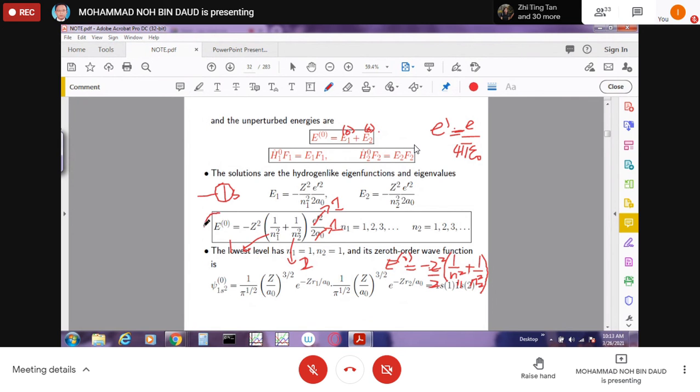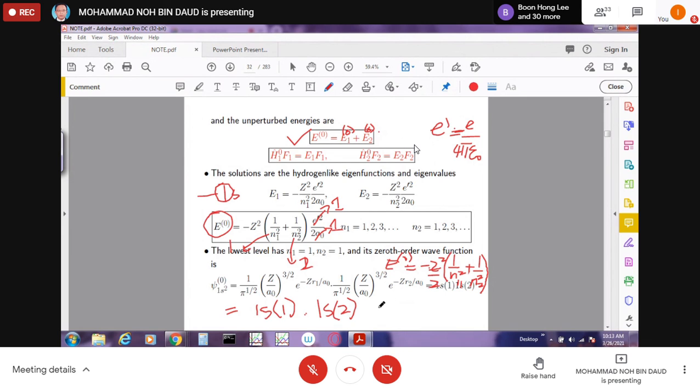So we get this zero order from this one. And the wave function here is the hydrogen-like wave function for electron 1, as a function of this electron. We are numbering the electrons as electron 1 and electron 2.